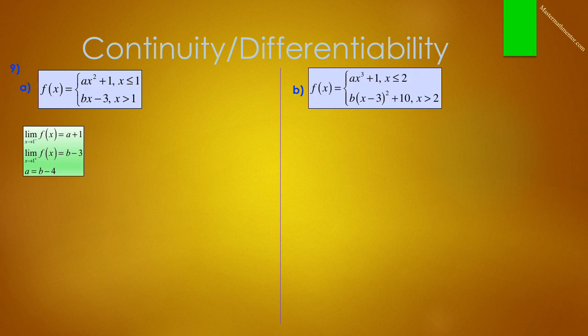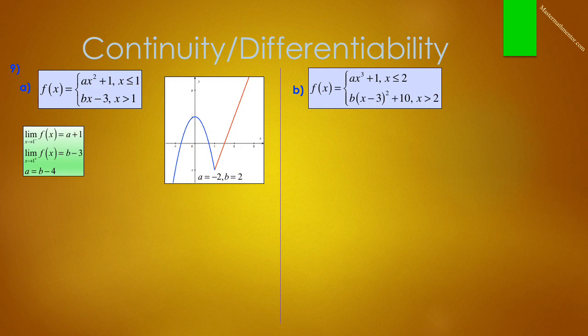For this function to be differentiable, it first must be continuous. So we look at the limit of f of x as x approaches 1 from the left and get a plus 1. And the limit of f of x as x approaches 1 from the right gives b minus 3. These two must equal each other, so a is equal to b minus 4.